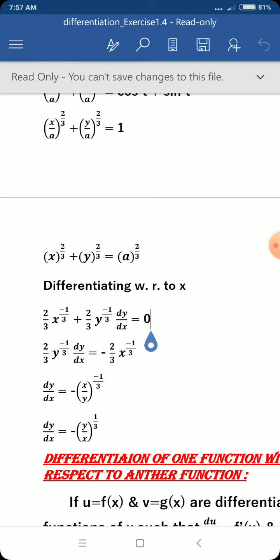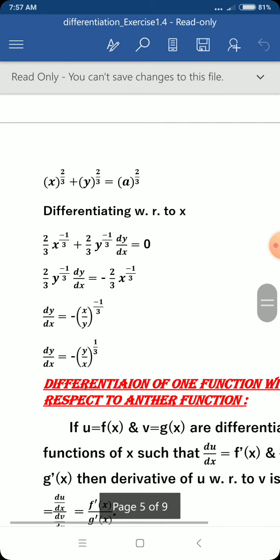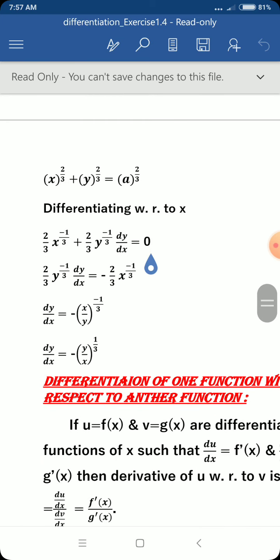Now keep the term of dy by dx on the LHS and take the remaining term to the RHS. Therefore, we get 2 upon 3 into y raised to minus 1 upon 3 into dy upon dx equal to minus 2 upon 3 into x raised to minus 1 upon 3.